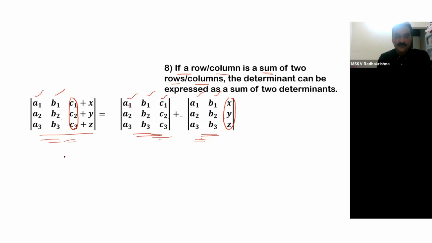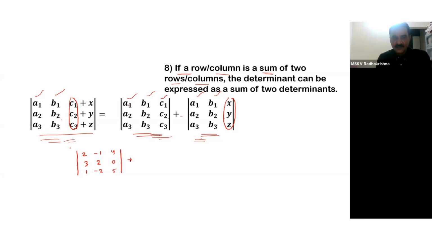Okay. So for example, I will take a 3 by 3 determinant. 3, minus 1, 4; 2, minus 1, 4; 3, 2, 0; 1, minus 2, 5.